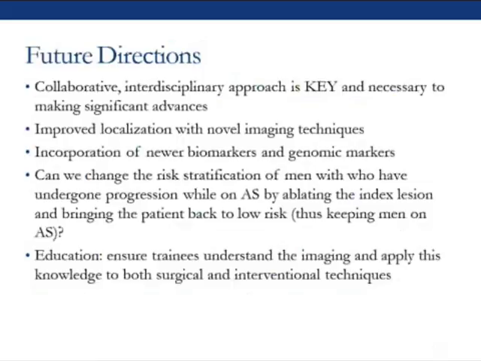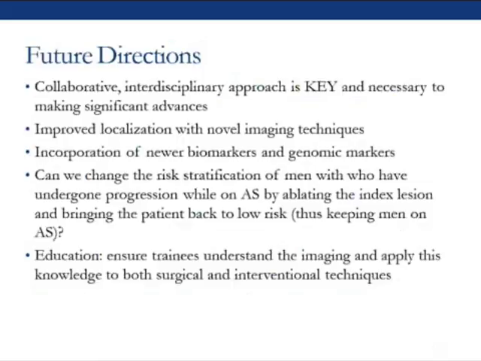Future directions, though, ultimately it is paramount that you have a collaborative, interdisciplinary approach to this. Without two departments working together, we won't make strides and progress with this. We need to improve localization with different imaging techniques. I think it's important to try to incorporate these biomarkers to help risk stratify patients and potentially look at some genomic markers.